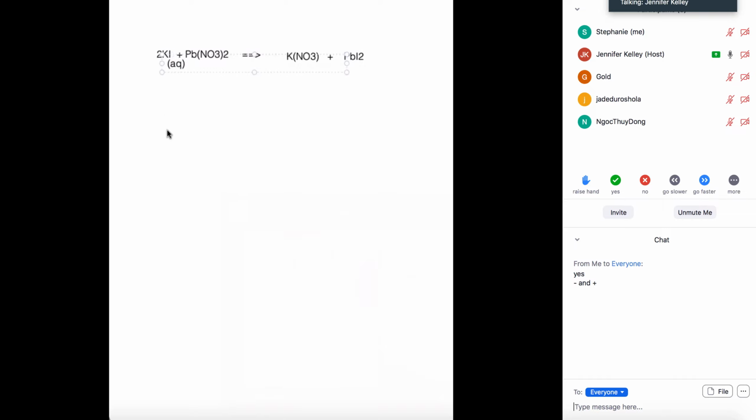So that's for potassium iodide, and lead nitrate. And then potassium nitrate, those are still always soluble, so that's going to be aqueous.